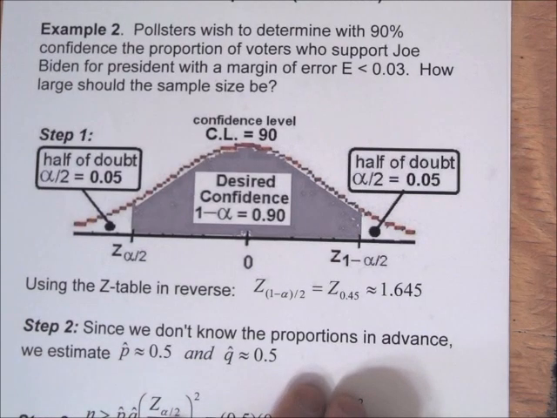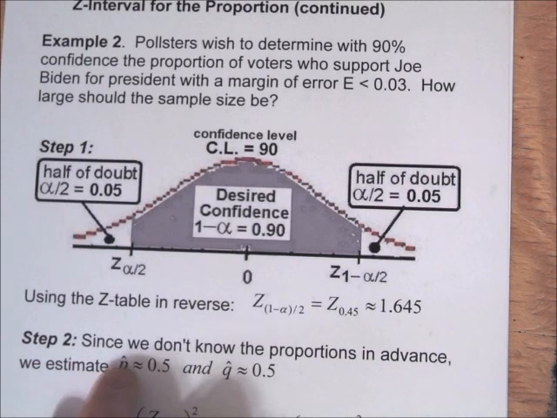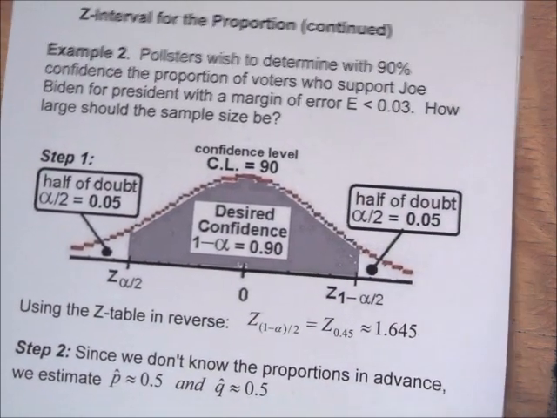Because we don't know in advance what the sample proportions will be, we're going to estimate p hat is 0.5 and q hat is 0.5. That will give us an overestimate for the sample size, but an overestimate is better than an underestimate. Anyway, we'll use that, and then we can fill in the formula.